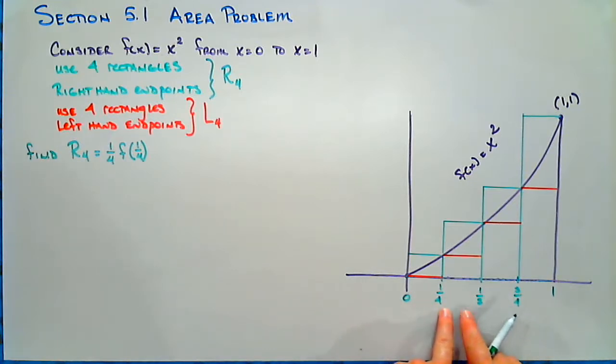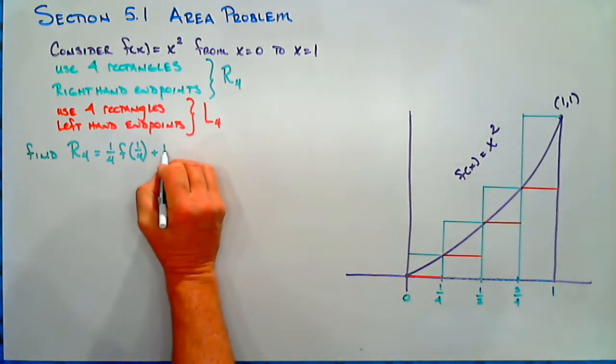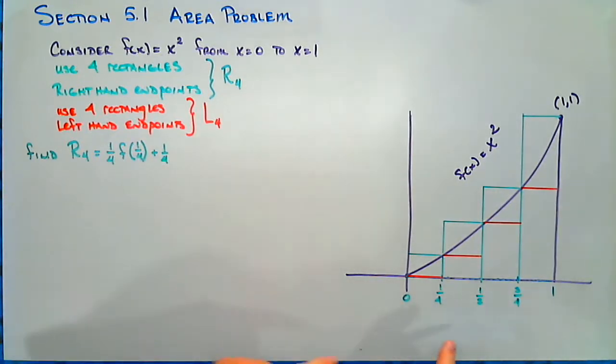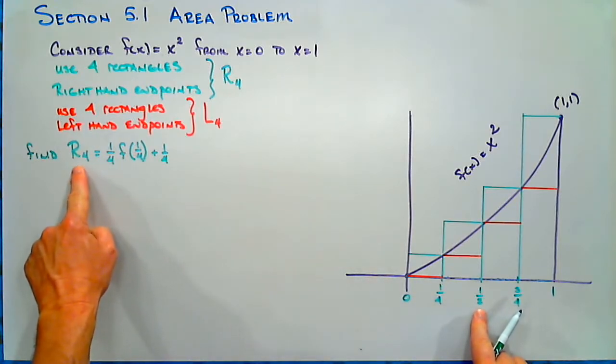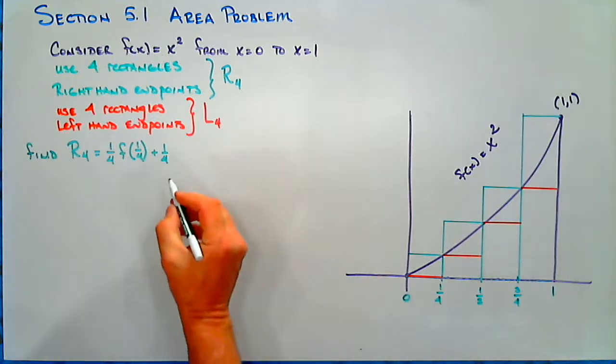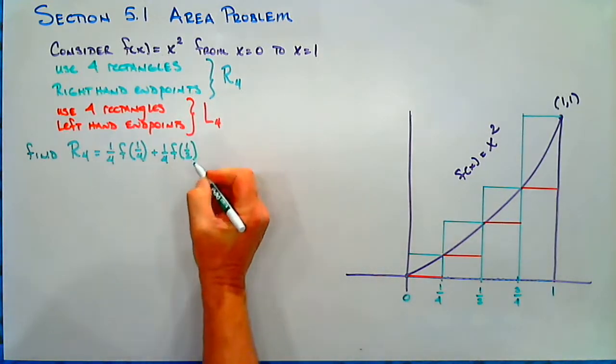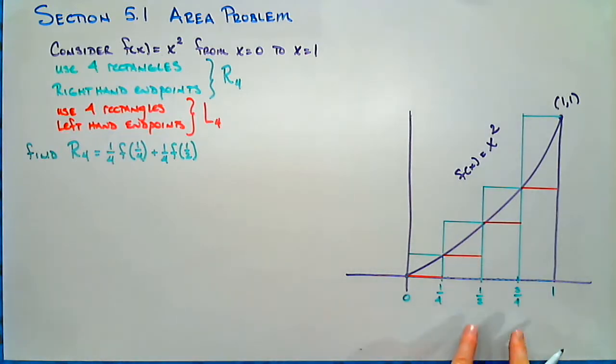What about my next rectangle? How wide is this rectangle? Well, my rectangle is 1/4 wide again. How tall is my rectangle? We're doing right-hand sides. Right-hand side is this one. So my height is f of 1/2. We keep going.